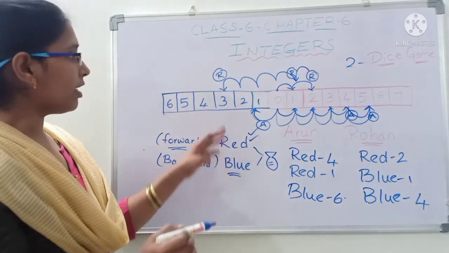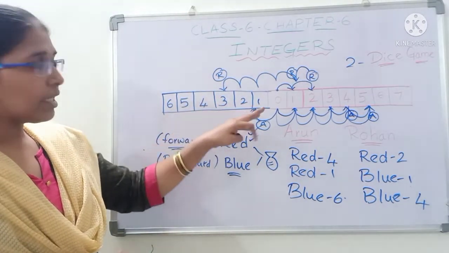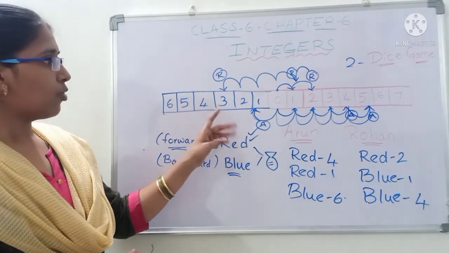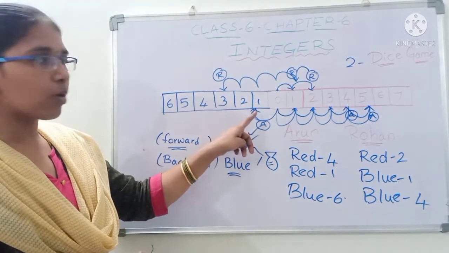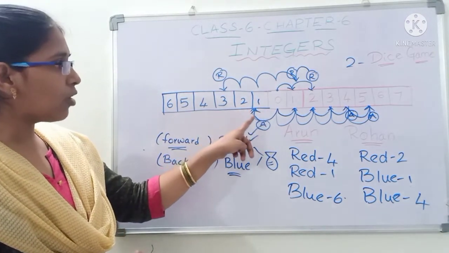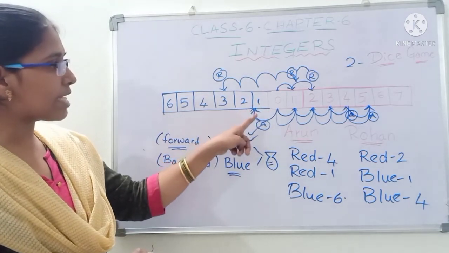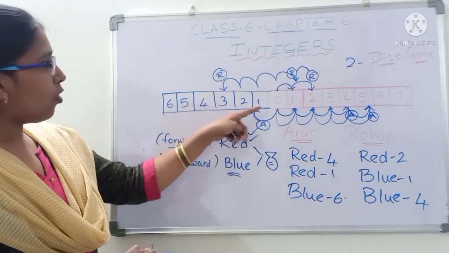See children, every time you should remember, Rohan is at position 3, but below 0 he is there. 3 steps below 0. And Arun is not at 1, but 1 step below 0. You should say 1 step below 0 because it is less than 0. And Rohan is at 3 steps below 0.